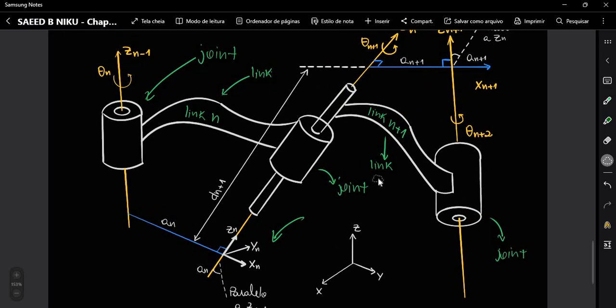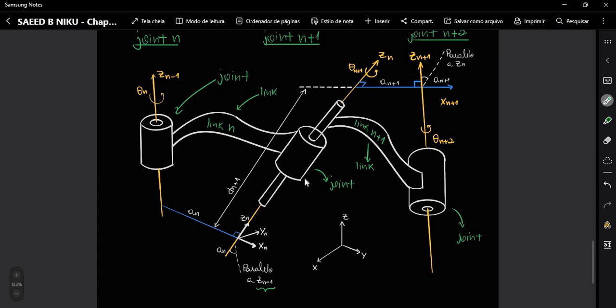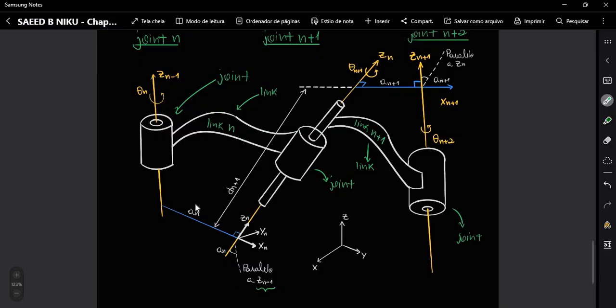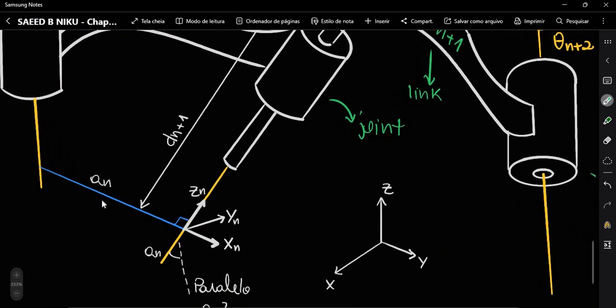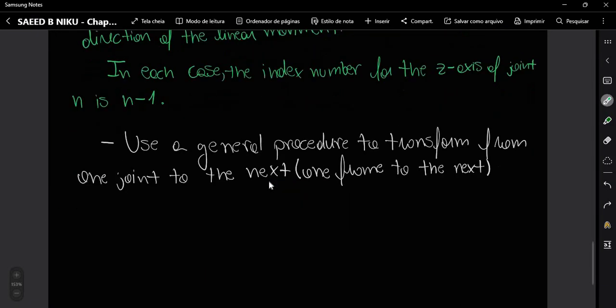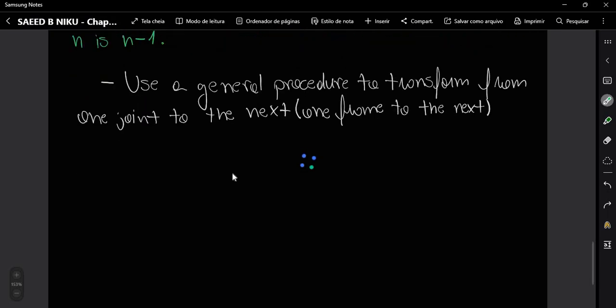We have more things to cover in this figure before we solve an example to see how we can represent this, and we can already say it is a complex problem. Things like right here, you can see what we call the common normal. So let's keep writing the main aspects of this representation.